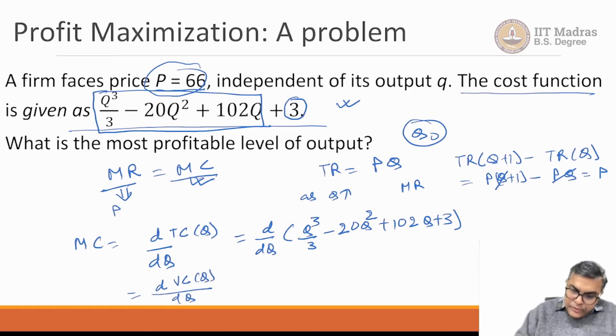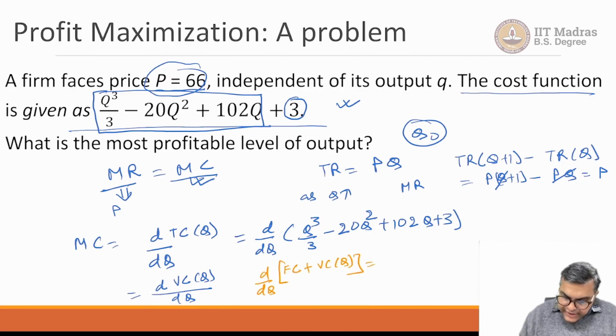Because write down the total cost as fixed cost plus variable cost, d by dQ. As FC is fixed, it will give you 0, and then this is equal to dVC(Q) by dQ. So whether you differentiate the variable cost or you differentiate the total cost, you are going to get the marginal cost.